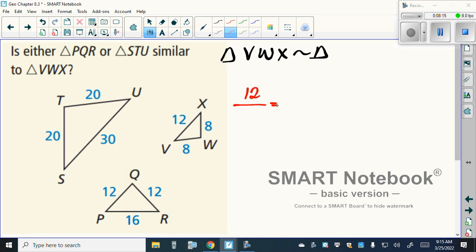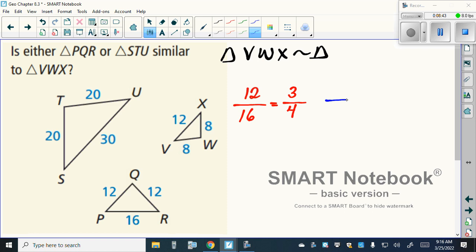And the biggest side for PQR is 16, and we're using it because we grabbed 12, which is the biggest side for triangle VWX, yes? Now we can reduce these because they do have a common factor of 4, because 12 and 16 are both multiplied by 4, and we would get 3 over 4.